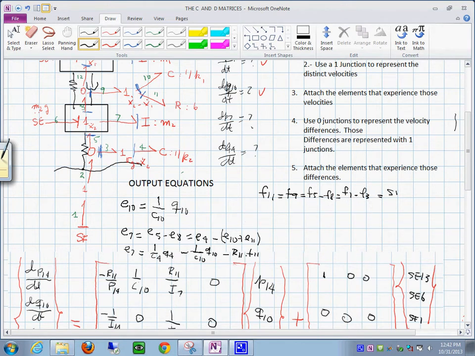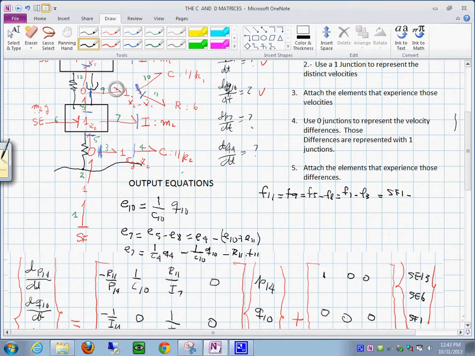This is SF1 minus f sub 3, which in this case is equal to f sub 4, but where do we have this in here? It's not. Hopefully we don't have a mistake, so let's go back.